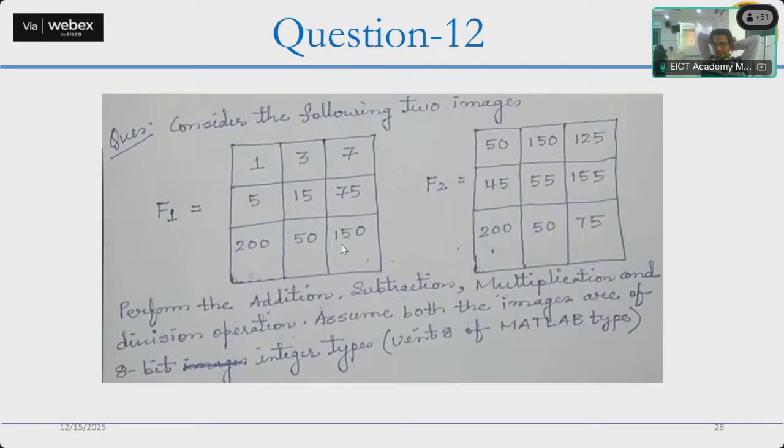These are the intensities, which come between 0 and 255. So what has been asked is to perform addition, subtraction, multiplication, and division operations. Assume both the images are of 8-bit integer type. 8-bit again indicates that a maximum value of 255 is possible.